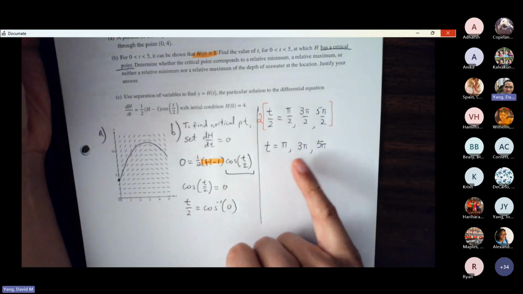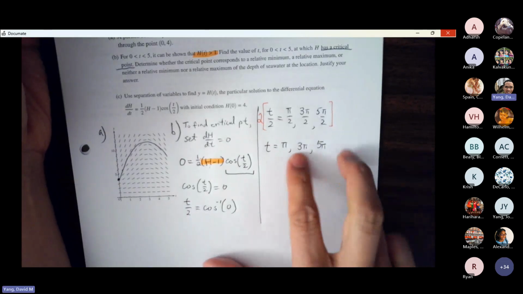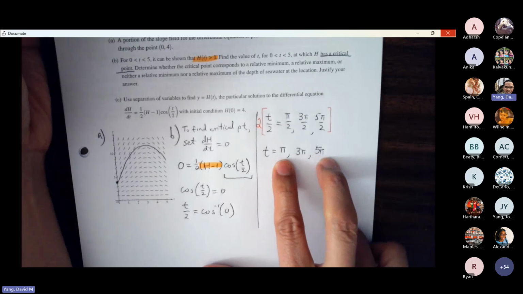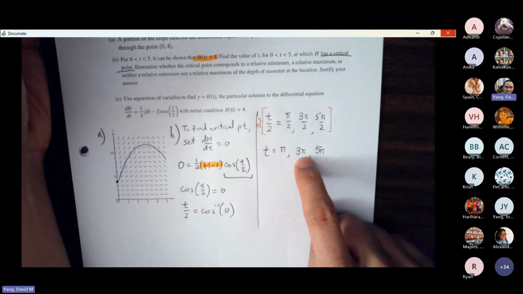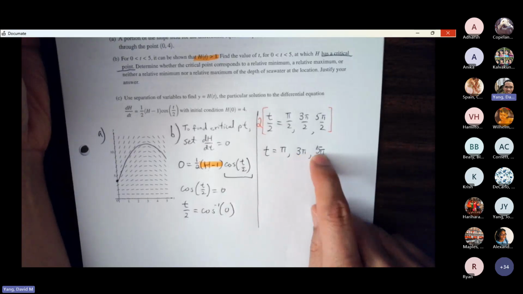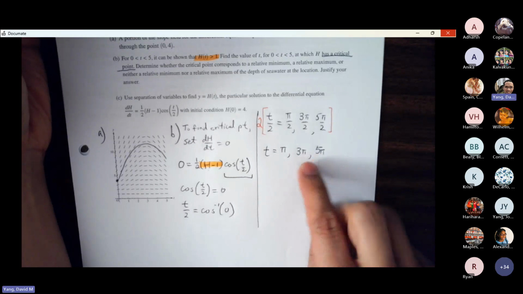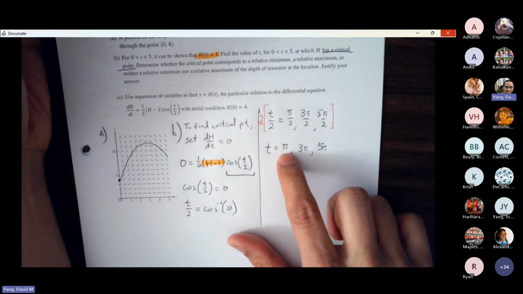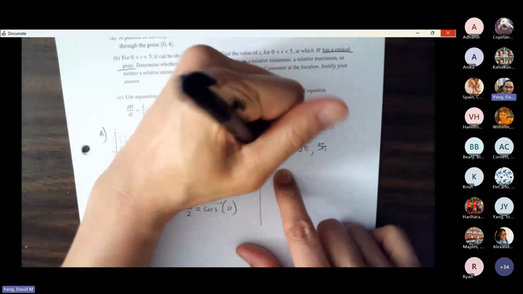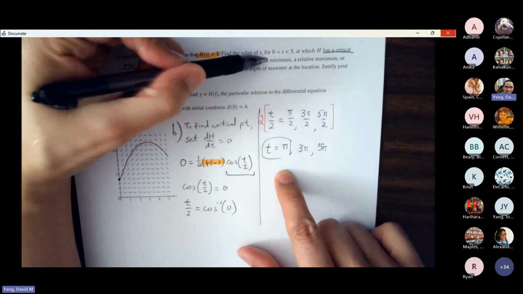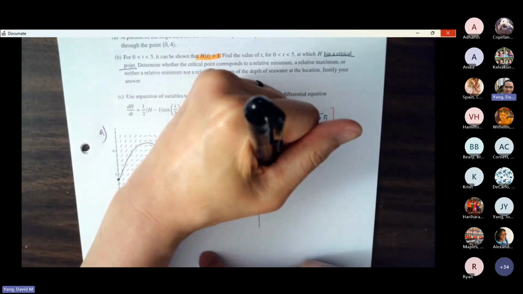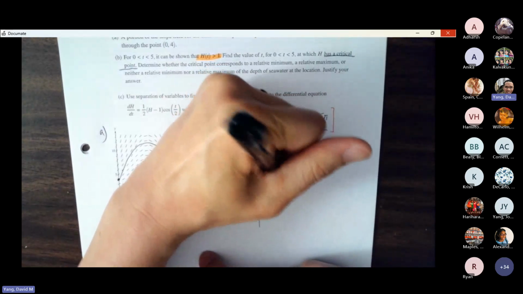So pi, 3 pi, and 5 pi. But we're only looking at t-values between 0 and 5. So 3 pi is around 9, since 3 times 3 is 9, and 5 pi is around 15. So we only have to worry about pi being the only critical point that lives between 0 and 5. So here's my h prime sign line.